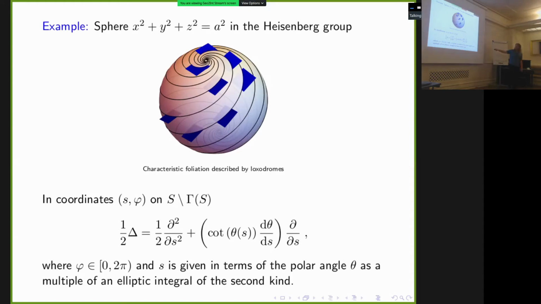And when we looked at this expression, it turns out that it's very close to another very nice stochastic process, which is the Legendre process. If you take a one-dimensional Brownian motion on an interval and condition it to never hit either of the endpoints, then you end up with a Legendre process, which is also confined to this interval for all times. And this generator is very close to the Legendre process.